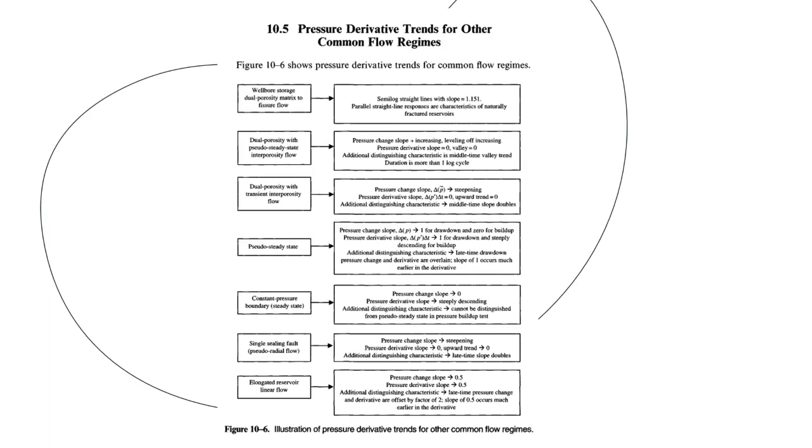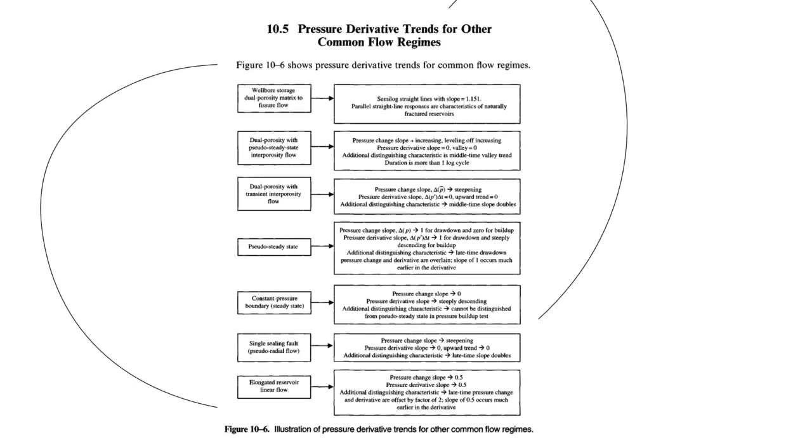Next, dual porosity with pseudo-steady state interporosity flow. Pressure change slope: increasing, leveling off, increasing. Pressure derivative slope equals 0, valley equals 0. An additional distinguishing characteristic is the middle time valley trend.